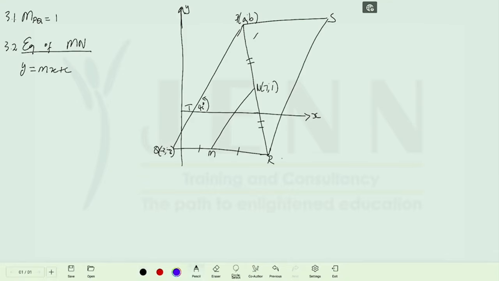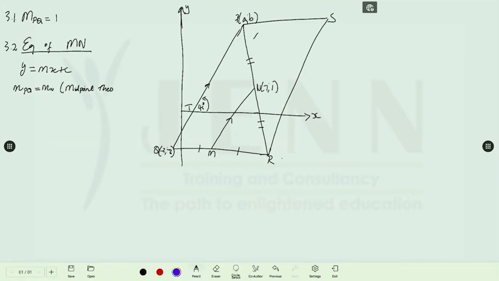It means these two sides that are opposite to each other will be parallel, meaning MN will be parallel to QP. And what will be our reason? Midpoint theorem. It means the gradient of PQ will be the same as the gradient of MN.